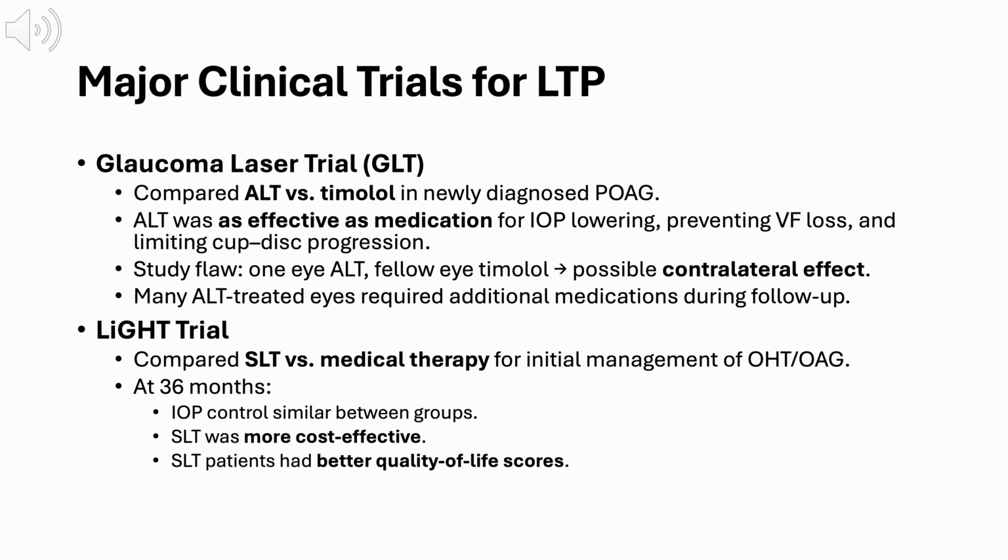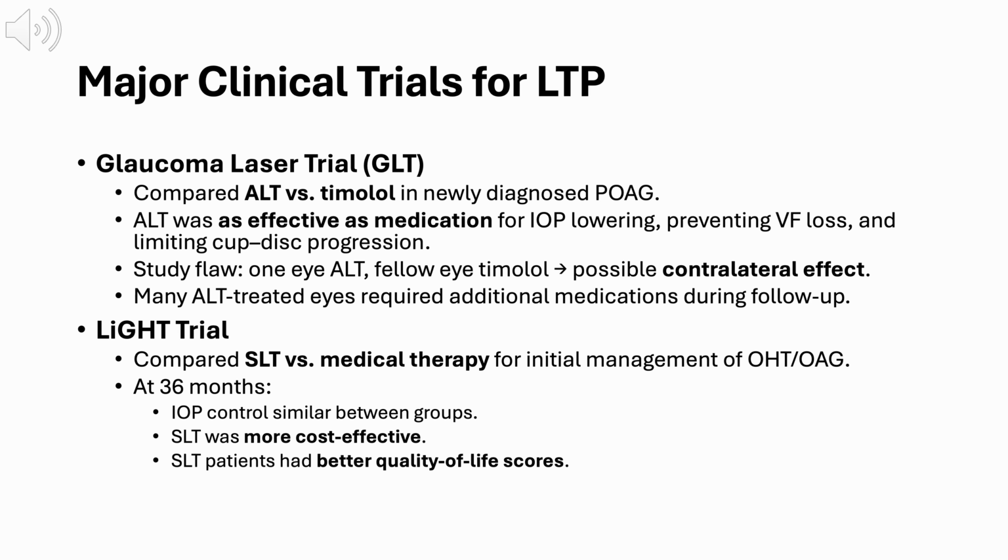Building on the discussion of efficacy, two major clinical trials help anchor how laser trabeculoplasty performs in real-world management. The glaucoma laser trial looked at newly diagnosed primary open-angle glaucoma and compared ALT with timolol. ALT performed just as well as medication in lowering pressure, preventing visual field loss, and slowing cup disc progression.